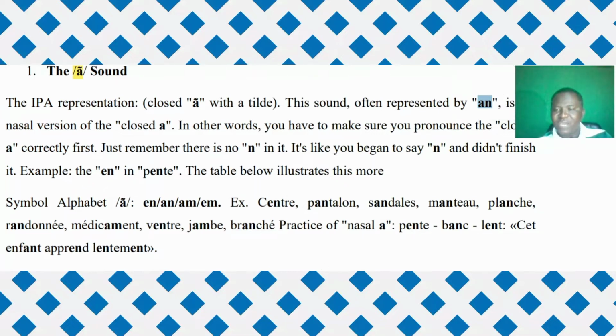So we are having the sound here too. It's not difficult. Can you see that? We have, good, pa. Then we have the same symbol here. Once you see it, I told you that you pronounce them with your nose. So we have centre.